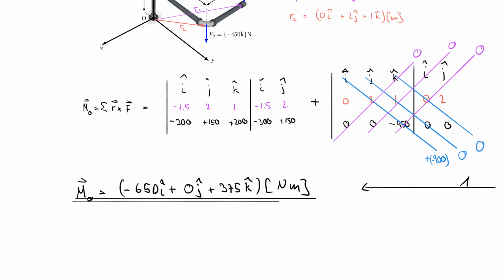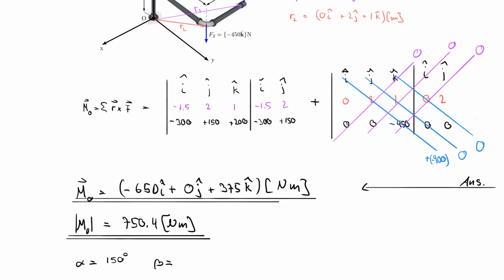And of course, the rest is, as always, the moment magnitude would come out to be equal to 750.4 Newton meter. And then you have the angles, and I will just give those to you as well. Alpha is equal to 150.